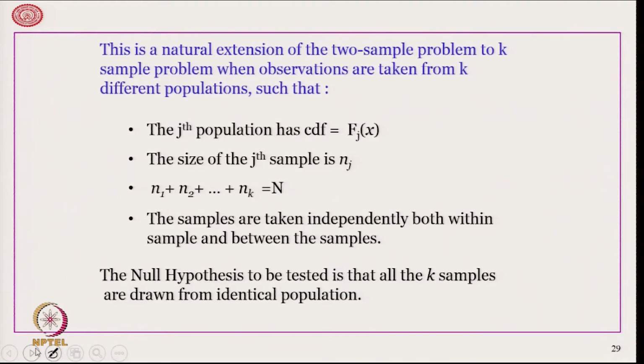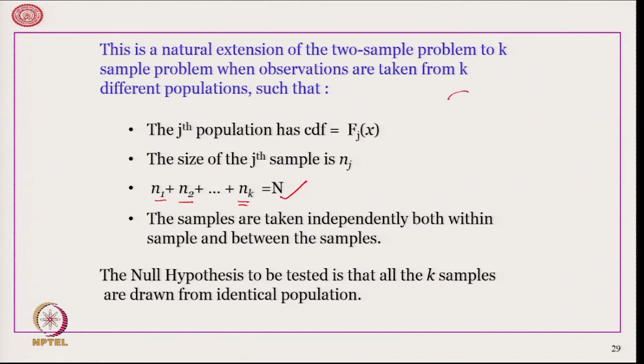So, it is a natural extension of the 2 sample problem to the k sample problem, when observations are taken from k different populations, such that the jth population has CDF F j, the size of the jth sample is n j, and the total number of samples is n, which is n 1 plus n 2 plus up to n k. These samples are taken independently both within samples and between the samples.